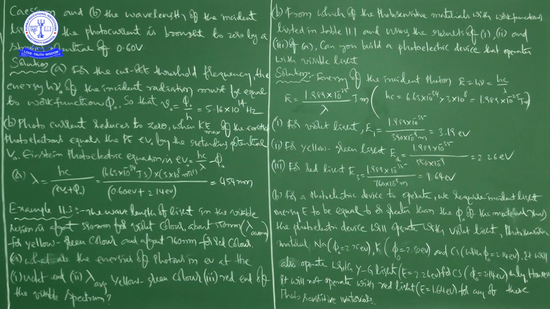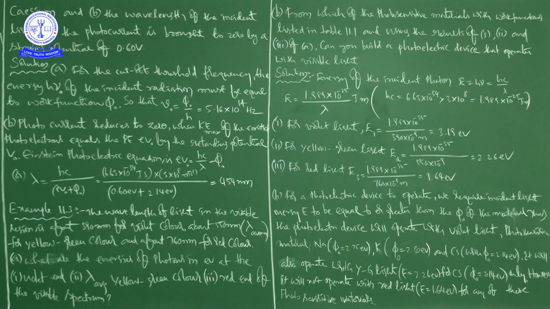This is the value in joule meter, and this is the value in meter, and meter will get cancelled, and this is the joule. Afterwards you can convert joule into electron volt. You know that 1 electron volt is equal to 1.6 into 10 to the power of minus 19 joule. So here he converted, we can also convert, no problem. Anyhow, for violet light the energy is 3.19 electron volt.